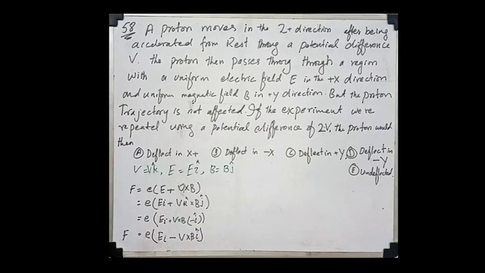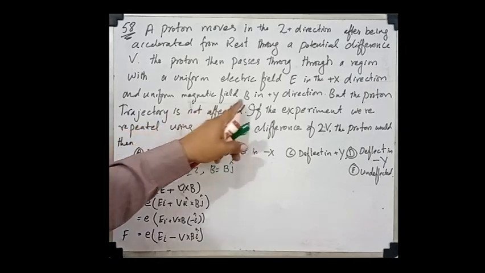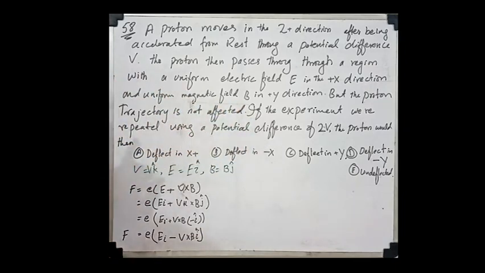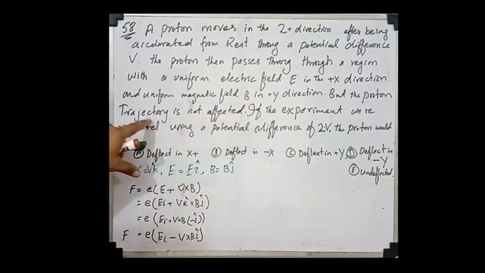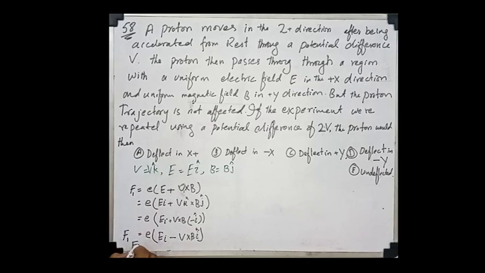Now the problem is stating that in the first case, when this proton enters the B field, the path or the trajectory of the proton remains unchanged. This means that this force F1 is equal to 0. The force on the proton is 0 in this electromagnetic field, therefore it remains undeflected.